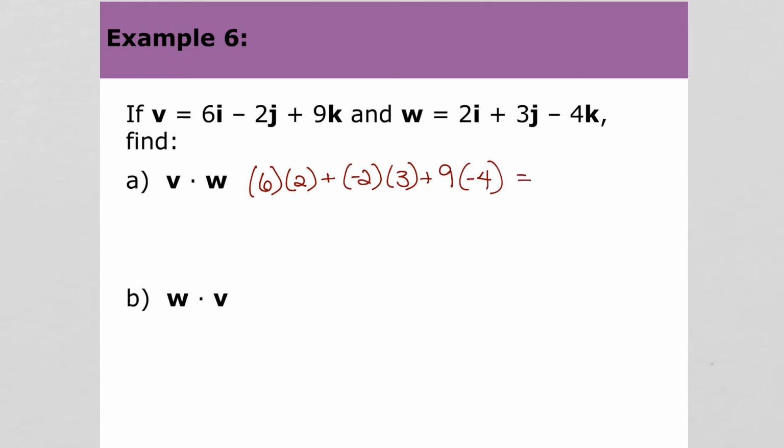That's going to give us negative 30. The dot product of w dot v would be 2 times 6 plus 3 times negative 2 plus negative 4 times 9, which will also be negative 30.